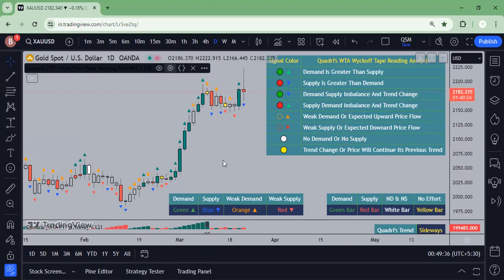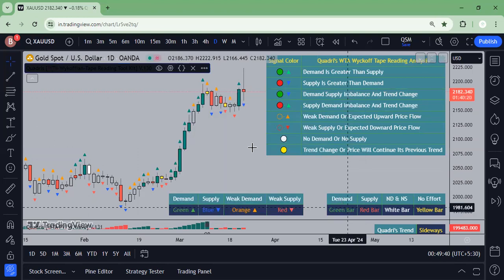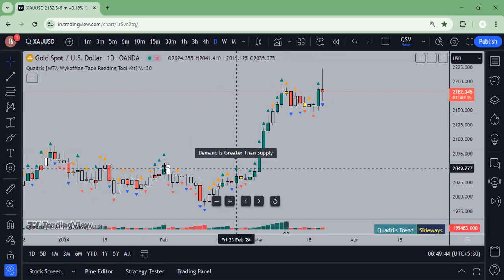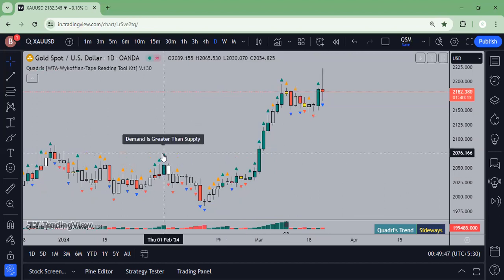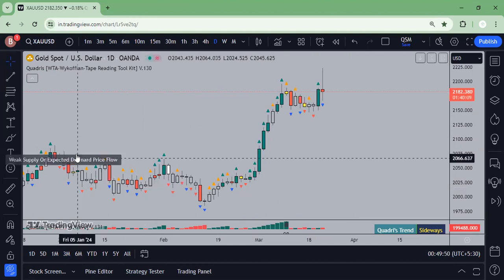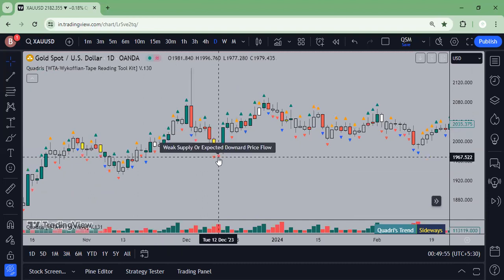So whatever this analysis, or tape reading outcome, we can get, you just have to hide this thing. The only thing you have to do is hover your mouse over or under the triangles, and you will get the data. This was very painstaking work, but eventually, as I know the coding, I achieved this.